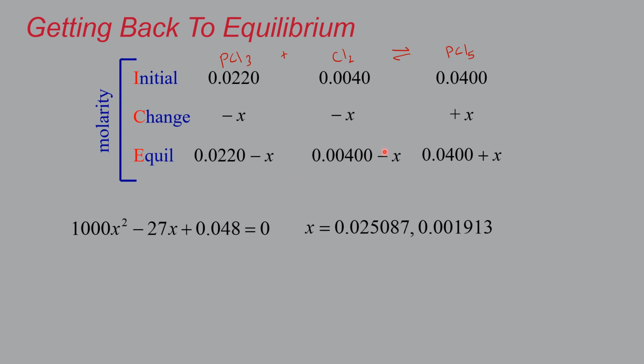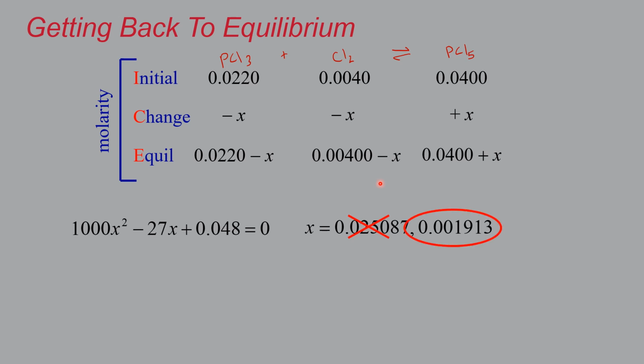It will give you a negative concentration of Cl2 for that matter, which means that root is the unreasonable one.